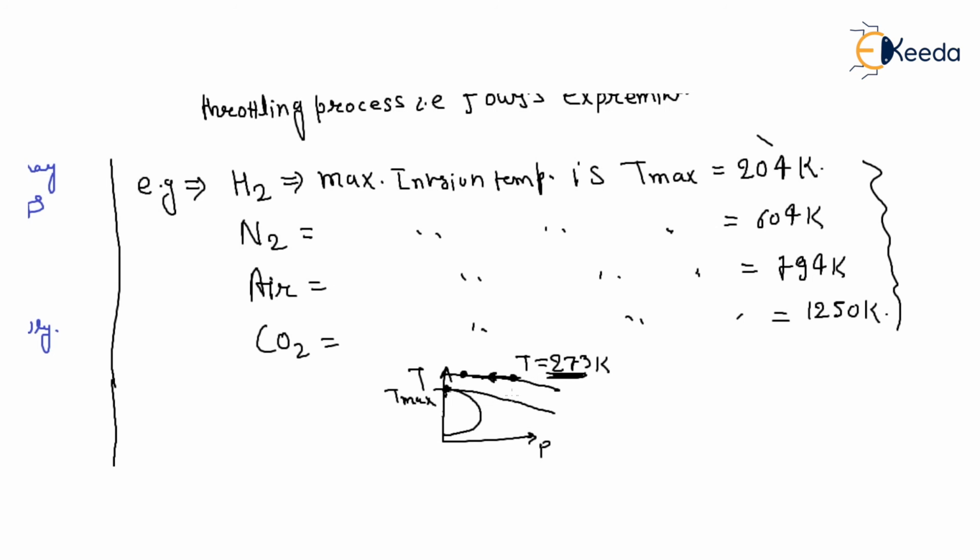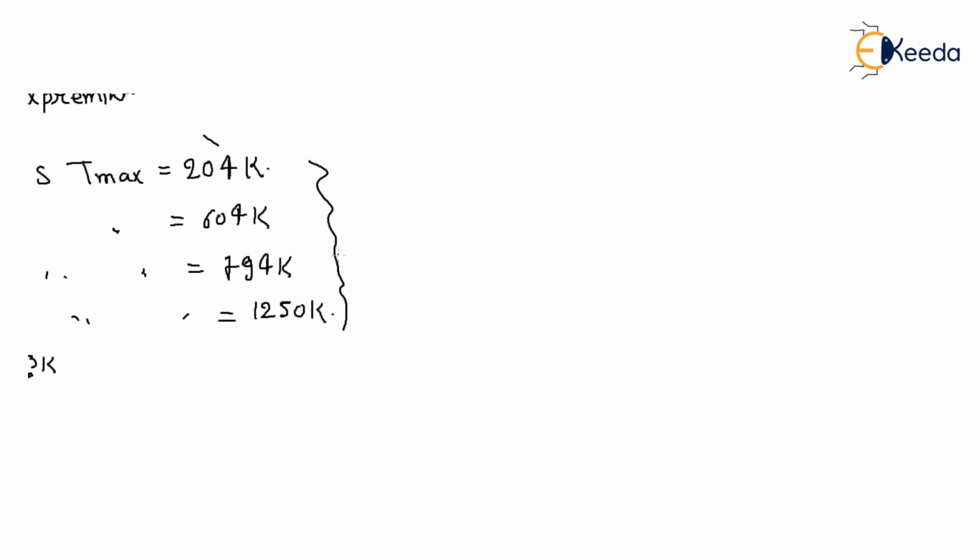So if the maximum inversion temperature is given, you compress the gas, so pressure will increase and temperature will increase.